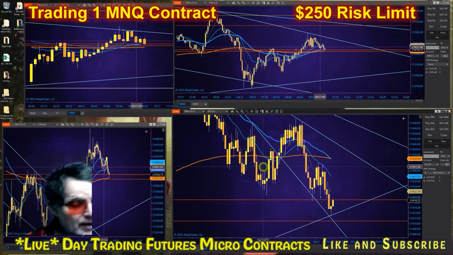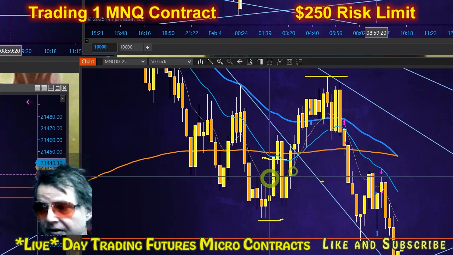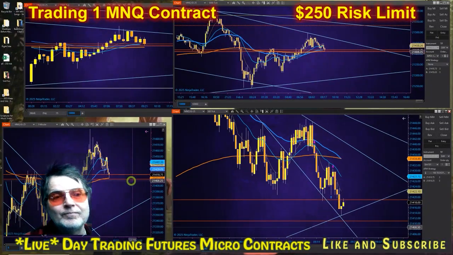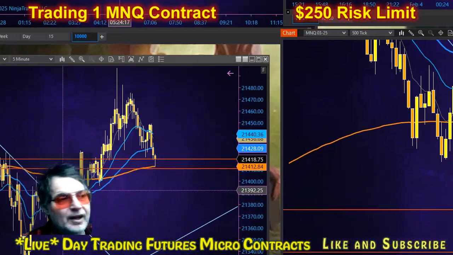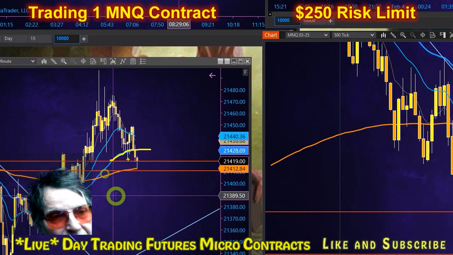So if we would have got in up here, stopped down here, we would have had plenty of space to create a profit. But the 3-bar reversal has to be in support. And that time it was on this 50 moving average and also into this consolidation area. So that would have been a good 3-bar reversal moment.